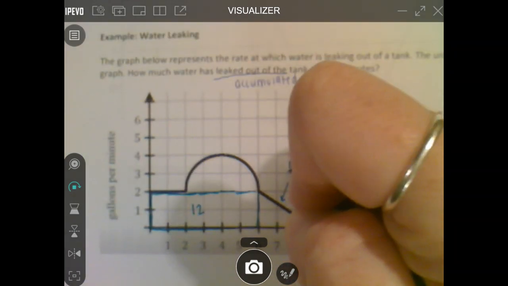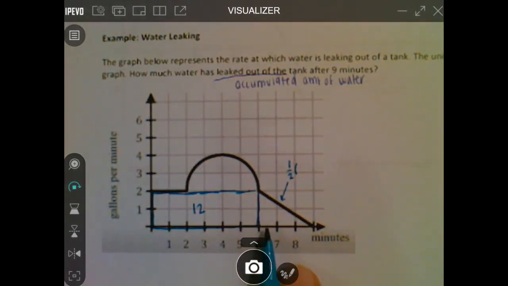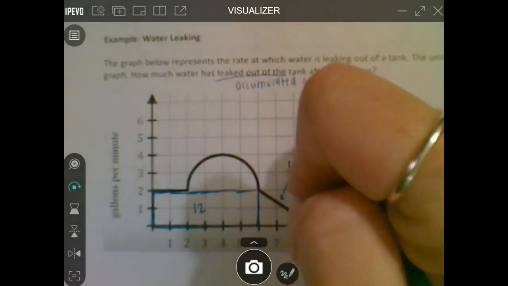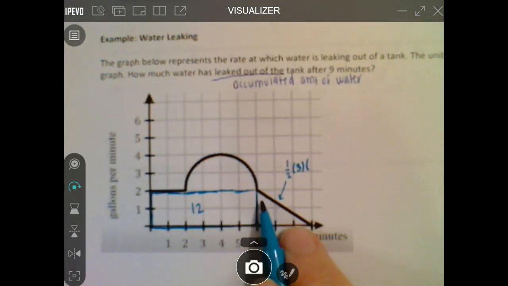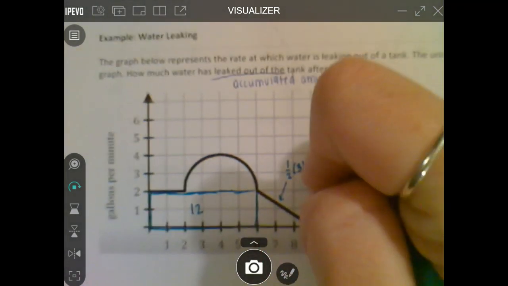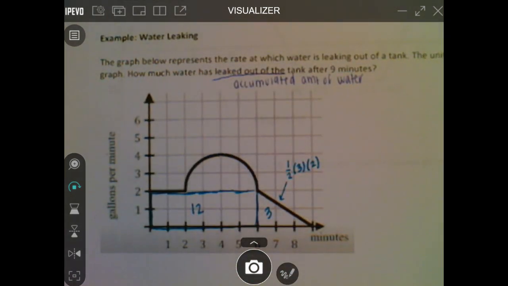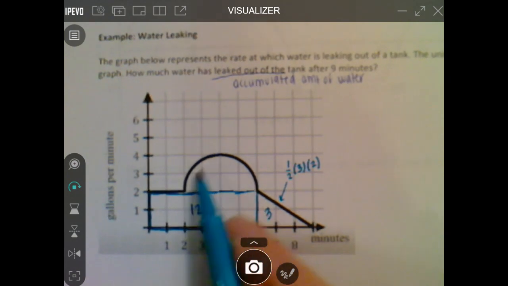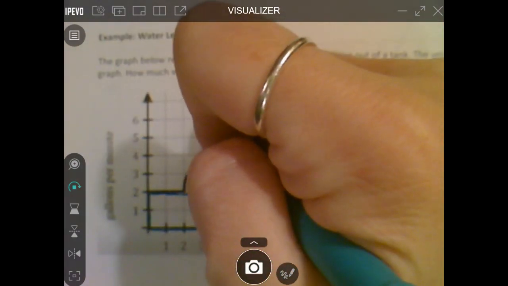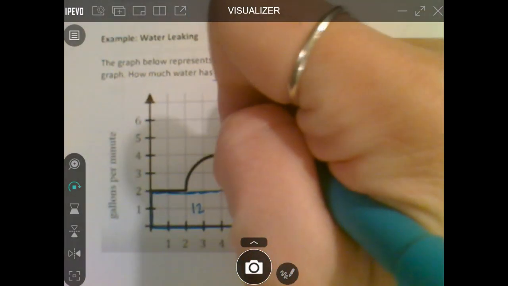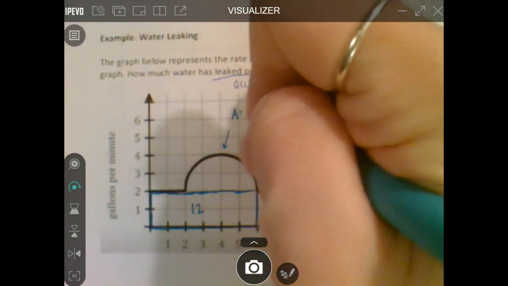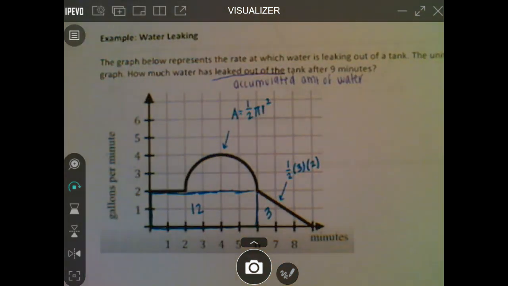Here I have a triangle. My area of a triangle is 1/2 base times height. Looks like my base is 3 here, and looks like my height is 2. So 1/2 of 6 is going to give me an area of 3. And then up here, I actually have a semicircle. So my area of a semicircle is going to be 1/2 pi r squared, because the area of a circle is pi r squared, but a semicircle is going to be 1/2 of that.